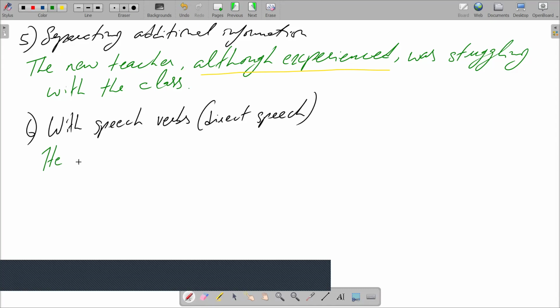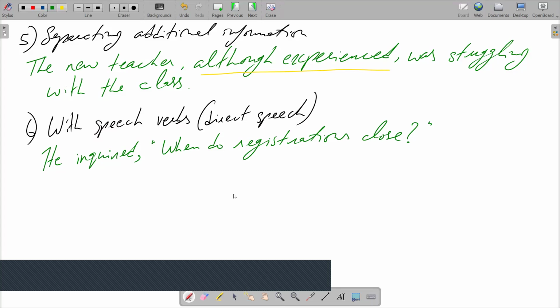So, for example, he inquired, comma, when do registrations close? Right, he inquired, comma, when do registrations close? So you can use that with a speech verb.